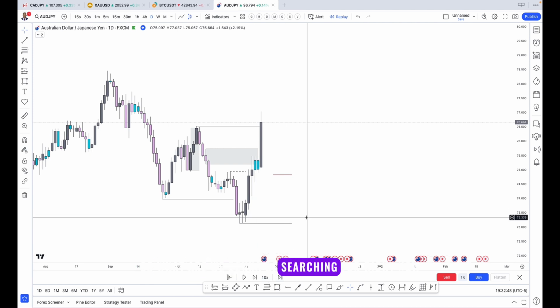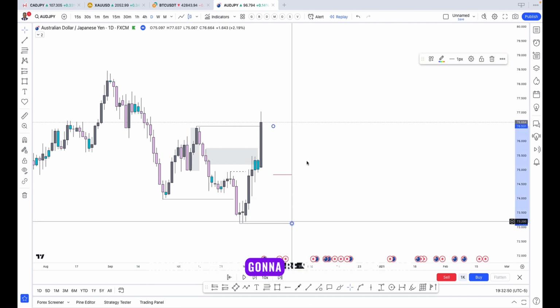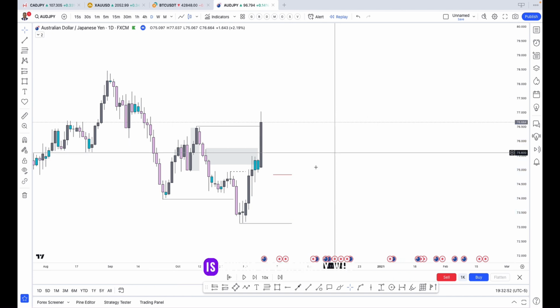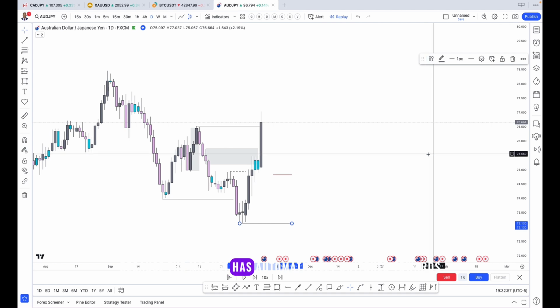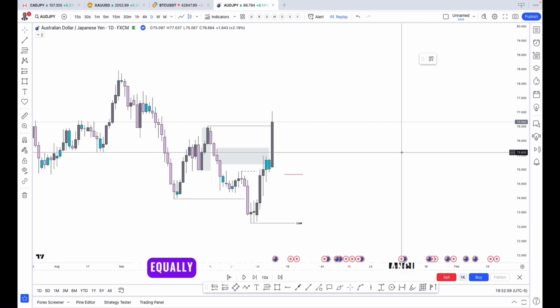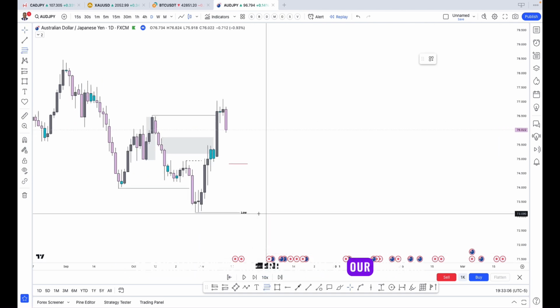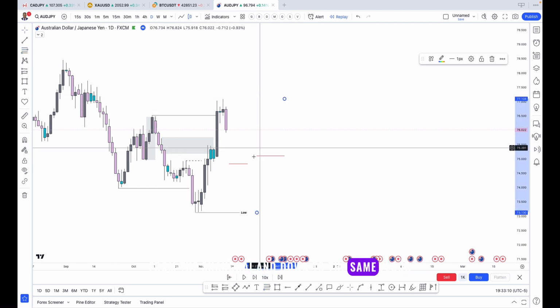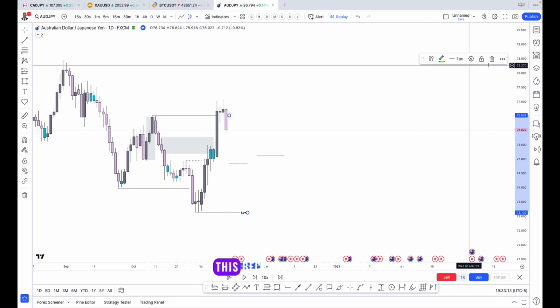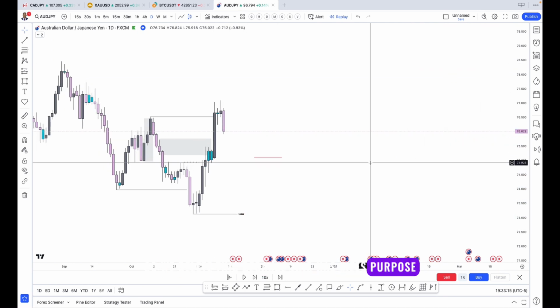What are we going to be searching for right now? We are going to be searching for a buying opportunity. Why? Because the market has automatically switched to bullish. Now we are free to pull up our Fibonacci from the swing high down to the swing low. So we delete this because this has served its purpose.